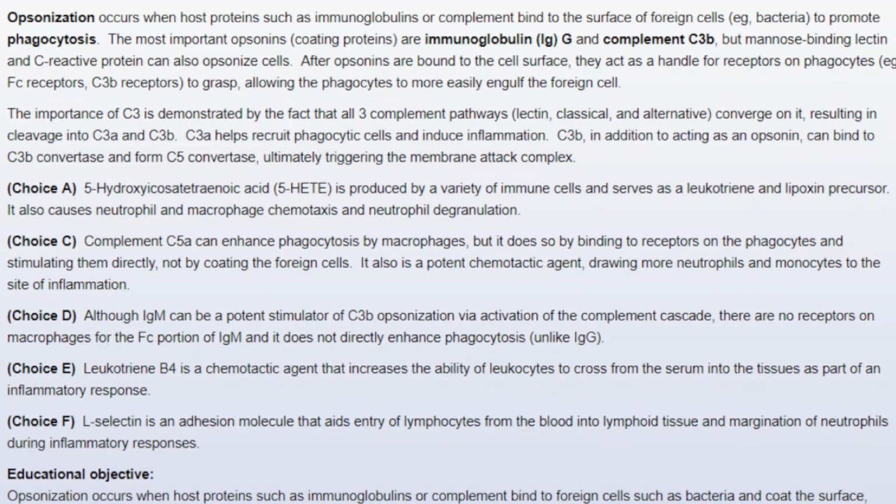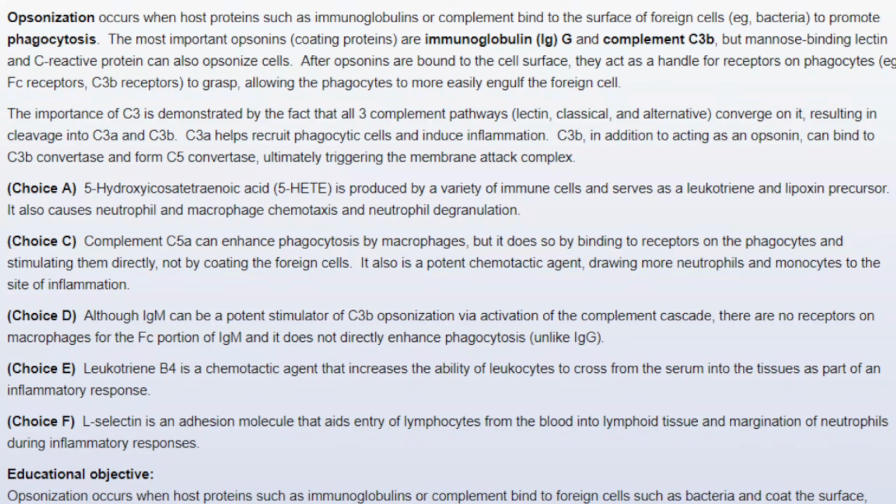So after opsonizing, the bacteria are bound to the cell surface. They act as a handle for receptors on phagocytes, for example the Fc receptor and C3b receptor, to grasp, allowing the phagocyte to more easily engulf the foreign cells.